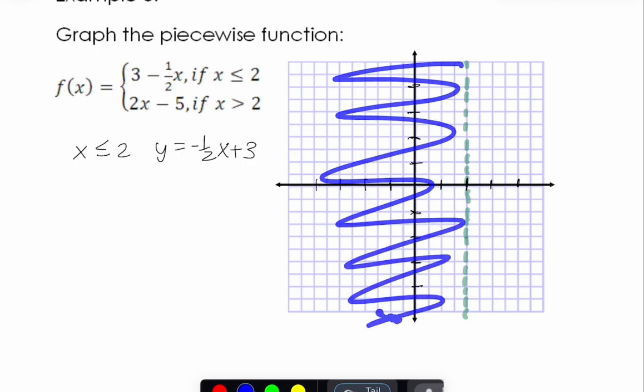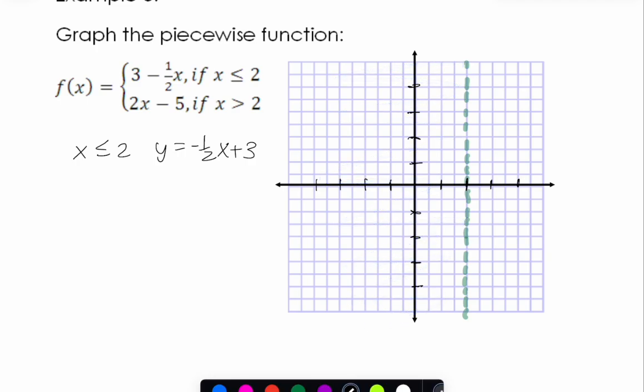The y-intercept and the slope is a really good way to graph that line because it's going to go through the y-axis at +3, and then it's going to go down 1/2. When it hits this line, it is allowed to be equal to it, but I only want the portion that goes this way. Okay, so that's that one.